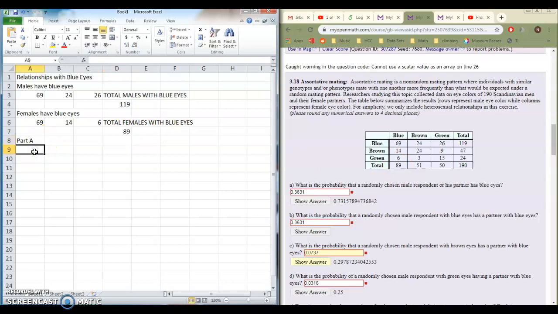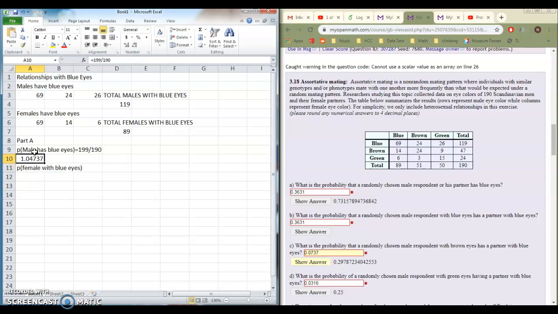So what is the probability that a randomly chosen male respondent or his partner has blue eyes? The probability that a male has blue eyes is going to be equal to 119 divided by the total number of people, 190.